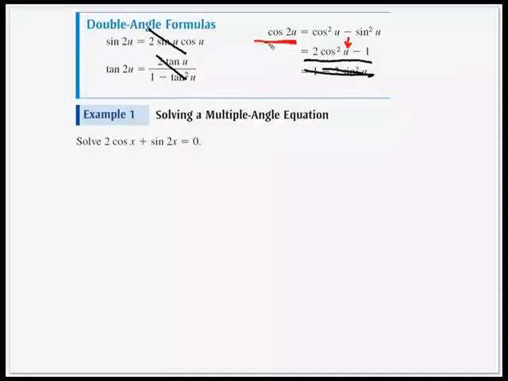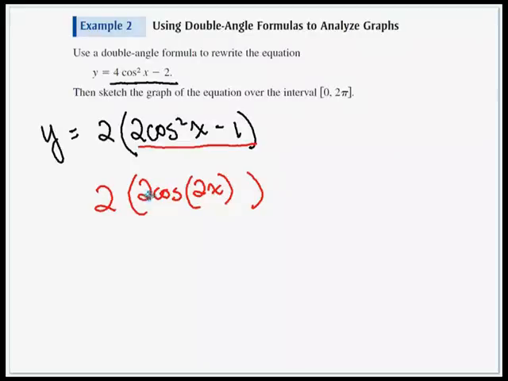Excuse me, there's not supposed to be a 2 in front of it. It's not 2 cosine of 2x. We replace what is inside these parentheses, 2 cos squared of x minus 1, with just the cos of 2x. We doubled that angle to a 2x, and we got rid of the squared and the 2 and the minus 1. So here we have 2 cos of 2x.